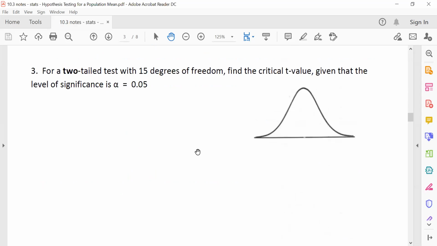Finally, for a two-tailed test with 15 degrees of freedom, your critical value, well, it's split up into two places. Here's the positive T value, but here's the negative T value corresponding to it.